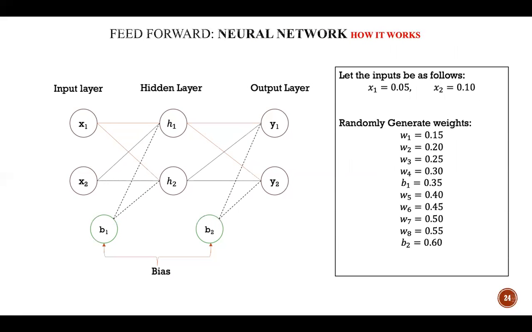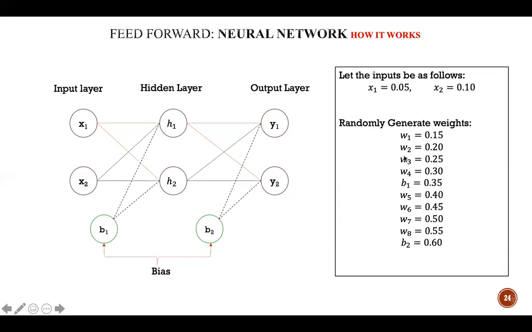Now let's start by giving some numbers so that you actually know how I am going to do this calculation. So assume that X1 and X2 are these two numbers here, 0.05 and 0.10. Now randomly generate the weights that you have.